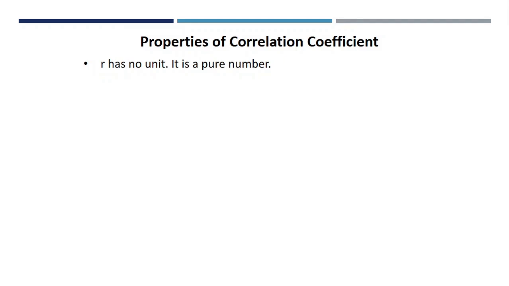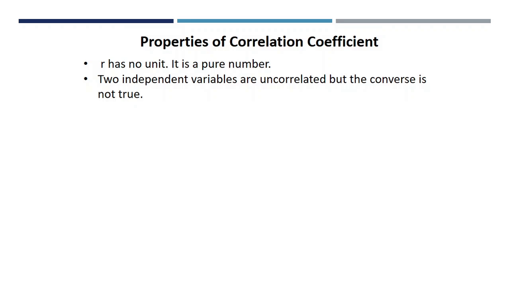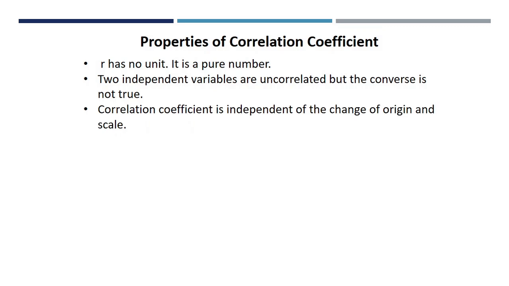Correlation coefficient has no units. It is a pure number. Two independent variables are uncorrelated, but the converse is not true. Correlation coefficient is independent of the change of origin and scale.